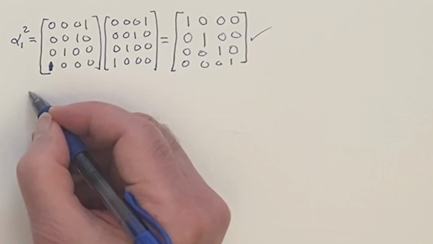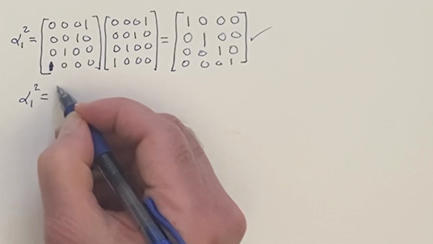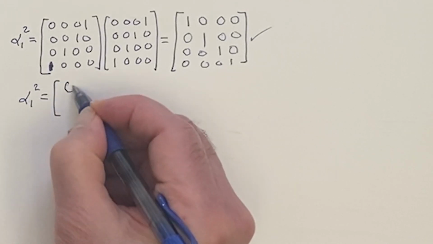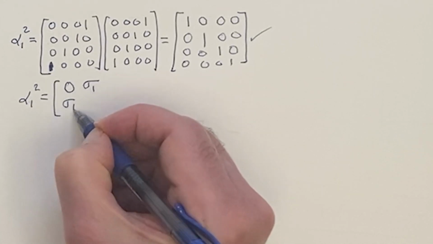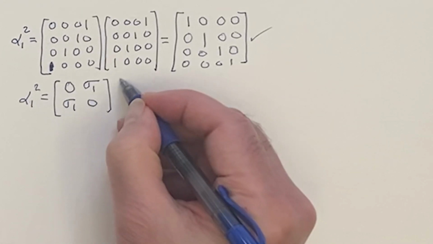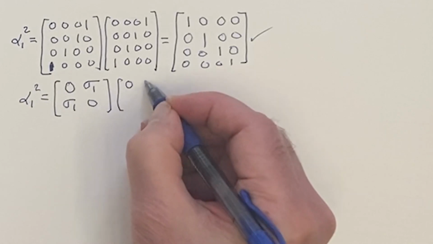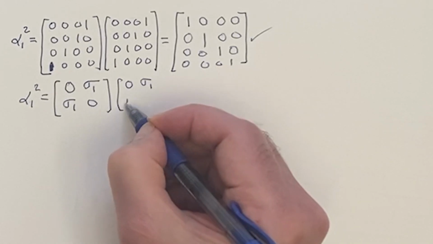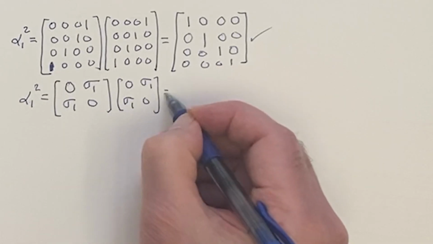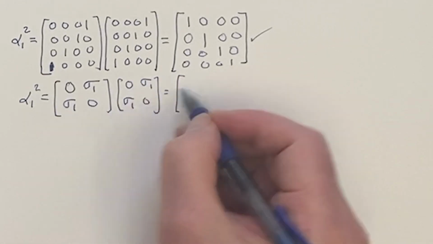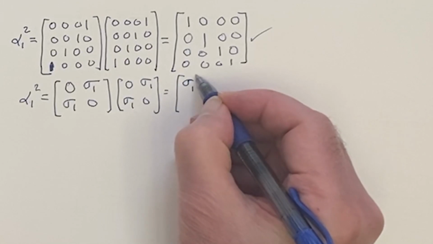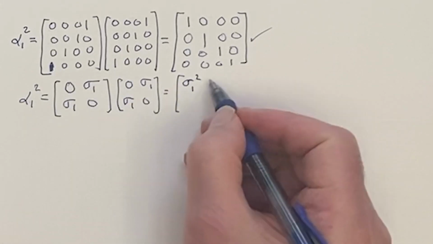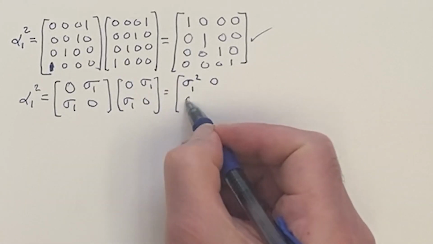Now, there's a shortcut way in doing this. You could say that this is like taking the 0 matrix with the Pauli 1 and 0, and I'm going to multiply here matrices rather than the individual components. If I do this, I would get, up in here, sigma 1 squared. Over here, I would get 0. Here, I would get 0.